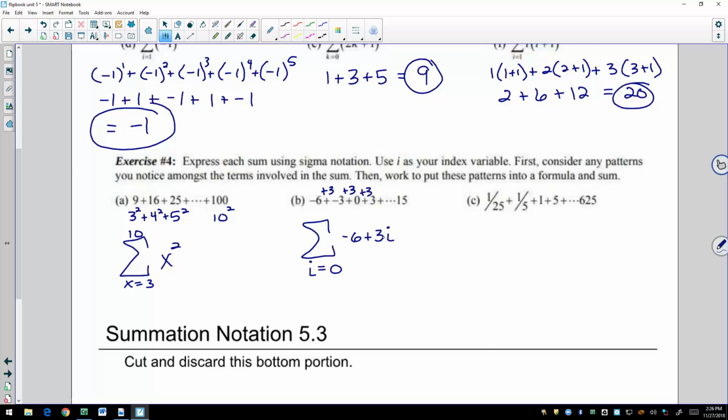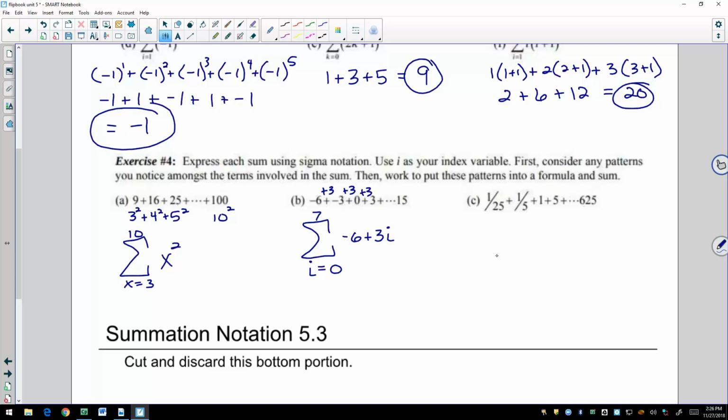And if I plug in 2, we're increasing by 3 each time. If I plug in 2, negative 6 plus 6 is 0. We got to figure out when to stop. So if you keep going, you're going to end up stopping at 7. 3 times 7 is 21 minus 6 is 15, which is my last number.